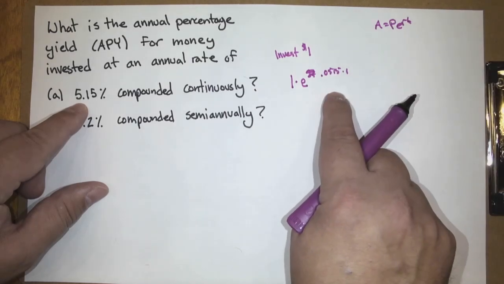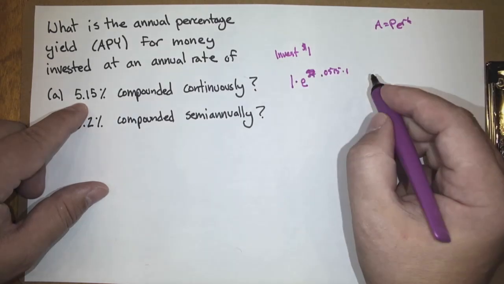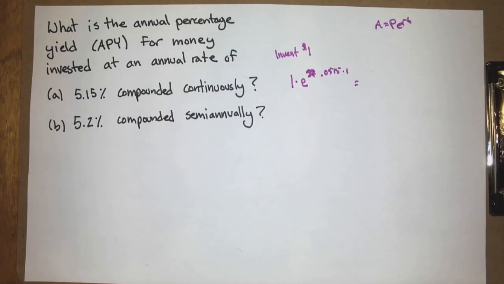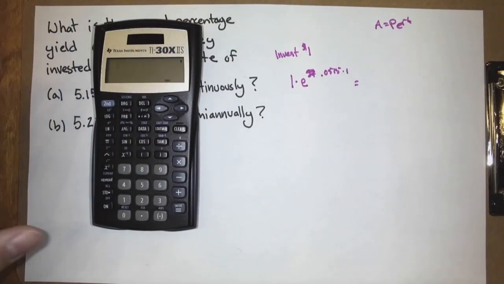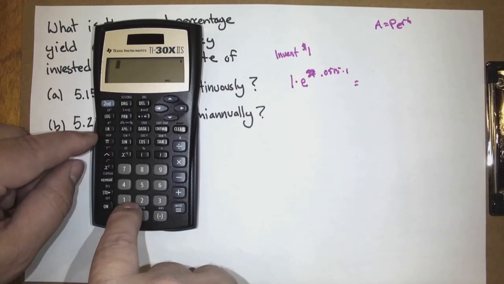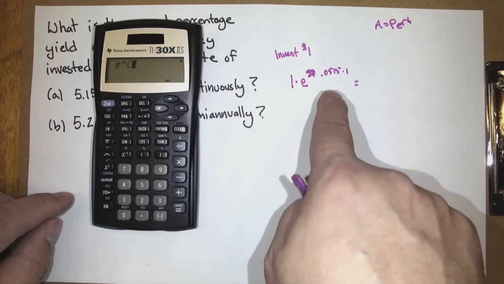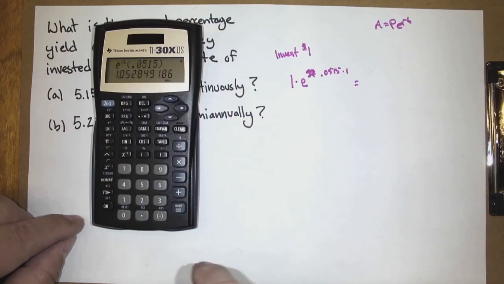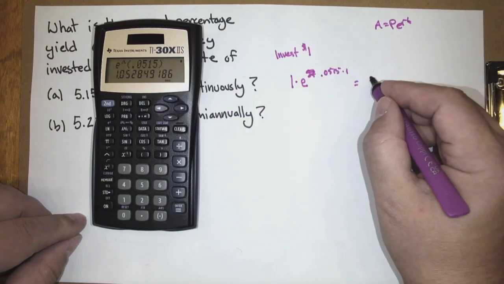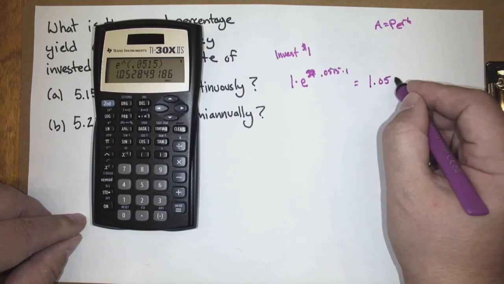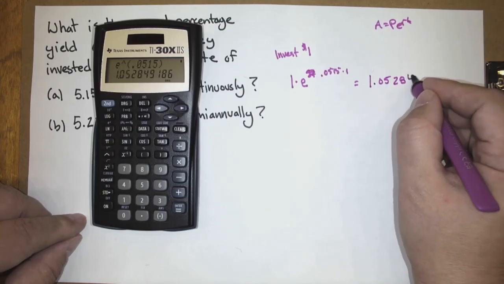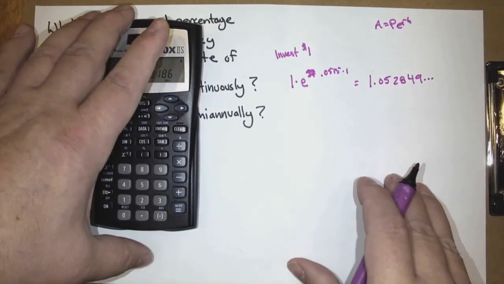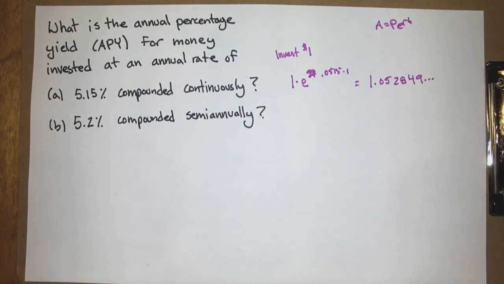This is how much I'd have if I invested $1. So we pull out our calculator, and I know you're thinking, Steve, why do you use the calculator so much? Well, we're in the part of the course where they have us use numbers that you can't do computations on top of your head. So at the end of the year, I'd have 1.052849... That would be my return. Of course, if we were talking actual money, they'd round it, you get a nickel.